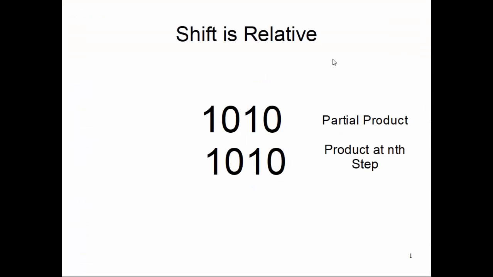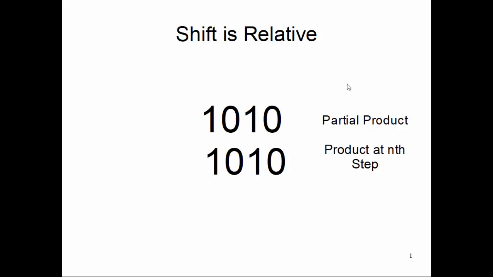Okay, so let's look at this. First of all, shifting is relative. Shifting the multiplicand to the left means what? You are doing that with respect to your multiplier, right? You are shifting your position with respect to the multiplier.